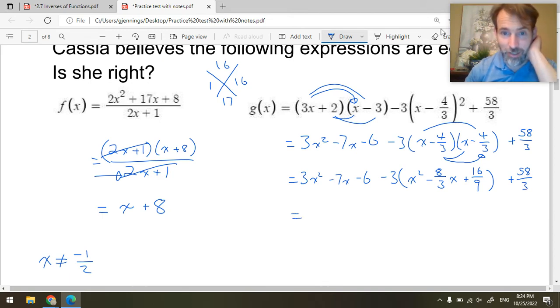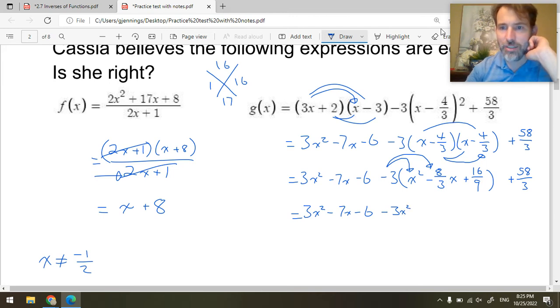Okay, keep going. This is equal to, all right, so now let's multiply this in. I'm going to show you this. All right, 3x squared minus 7x minus 6 minus 3x squared.